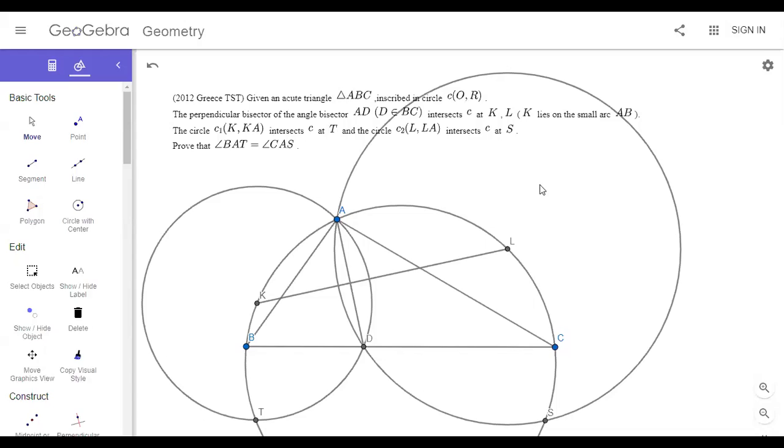So I agree that, let's see, how do we know KDS and LDT are collinear? Maybe there's something I'm missing.